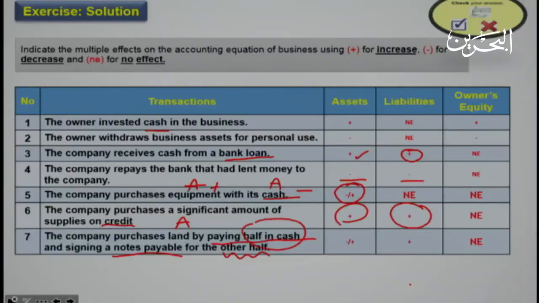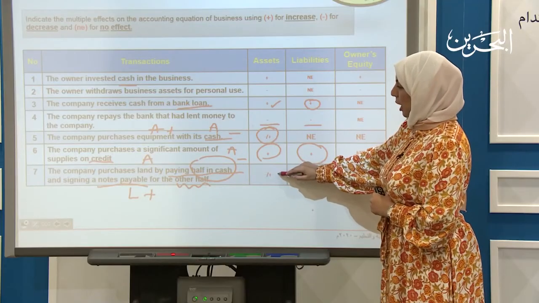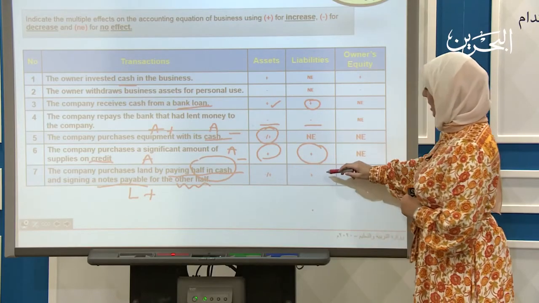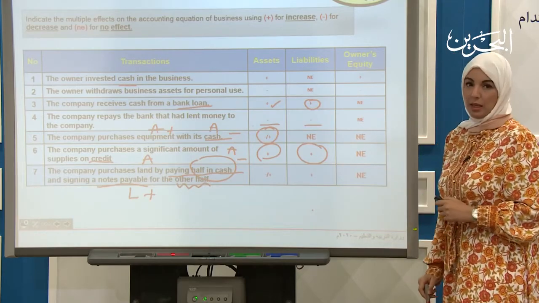So the cash also will decrease on the asset side by half of the amount. And what about the other half of the amount? It will be a liability for me. So the liability for me will increase. The effect of this transaction: one decrease on the asset side for the cash I paid, an increase for the land, and the liability for me will increase.